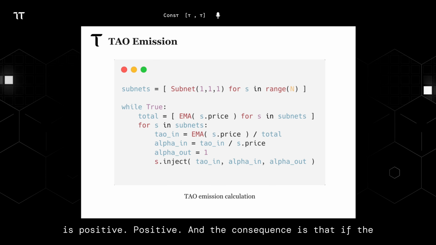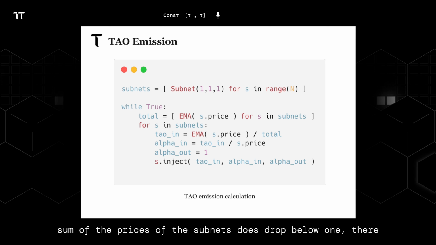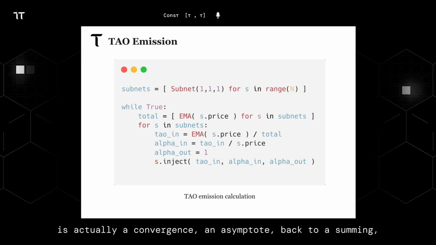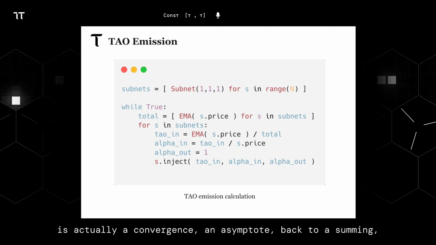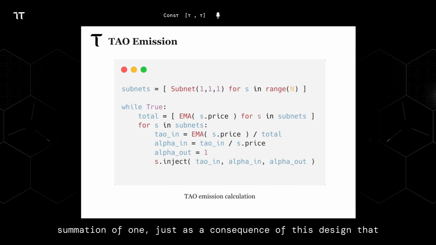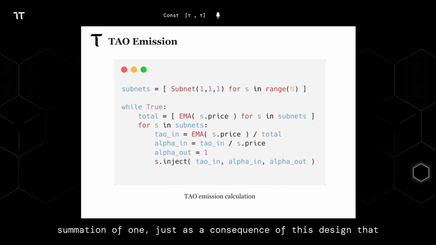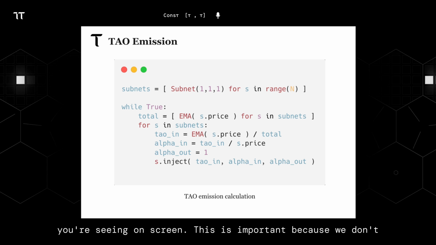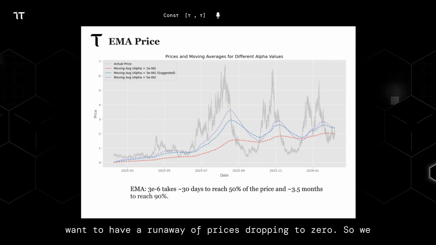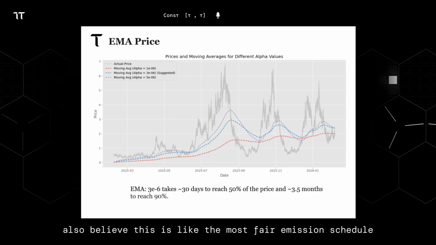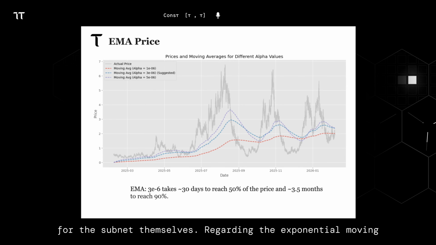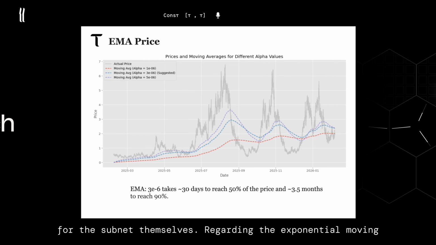And the consequence is that if the sum of the prices of the subnets does drop below 1, there is actually a convergence, an asymptote back to a summation of 1, just as a consequence of this design that you're seeing on screen. This is important because we don't want to have a runaway of prices dropping to 0. So we also believe this is the most fair emission schedule for the subnets themselves.